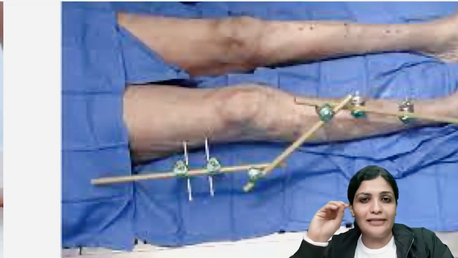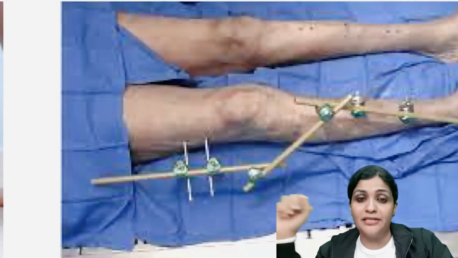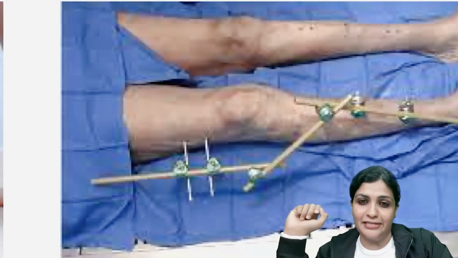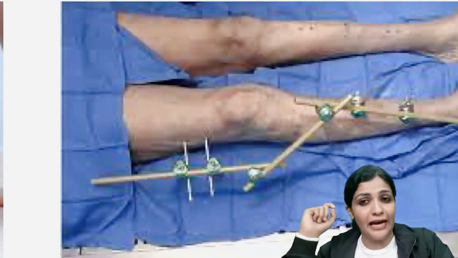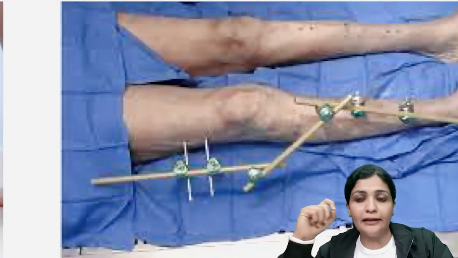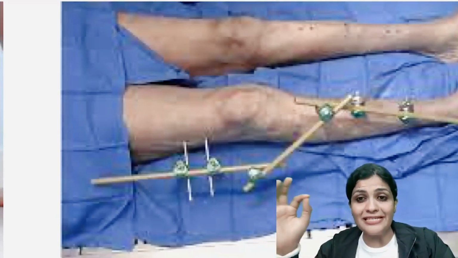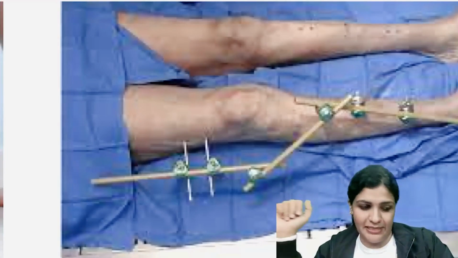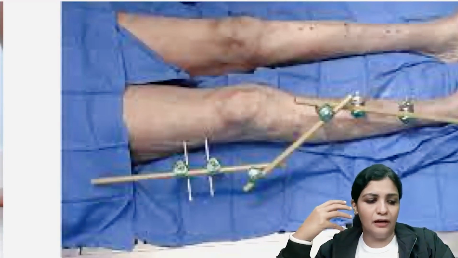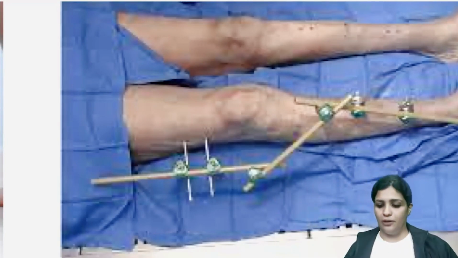There can be skin infection, and the patient has to clean the external fixator daily. If they're not cleaning properly, there is a high chance of it getting infected. Ring sequestrum is not that common a complication, but it is seen with ring fixation or the normal rod and pin X-fix.